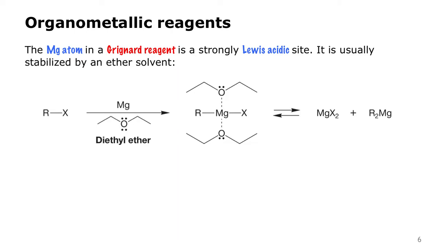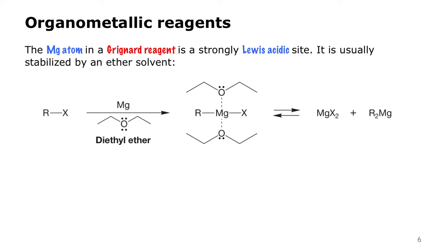All of these organometallic reagents can be stabilized by solvents that interact with them quite strongly. We find, for instance, that Grignard reagents are often made in diethyl ether or some other kind of ether as the solvent. So here we've drawn out the structure of diethyl ether, and it's known that once the compound forms, here in a generic sense, it's our alkyl magnesium halide, that these ethers can participate by a Lewis acid-base interaction, donating electrons to the magnesium, and that stabilizes the complex.